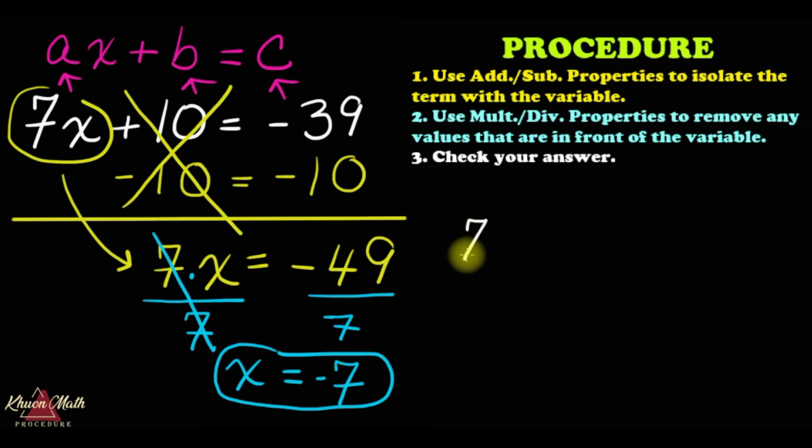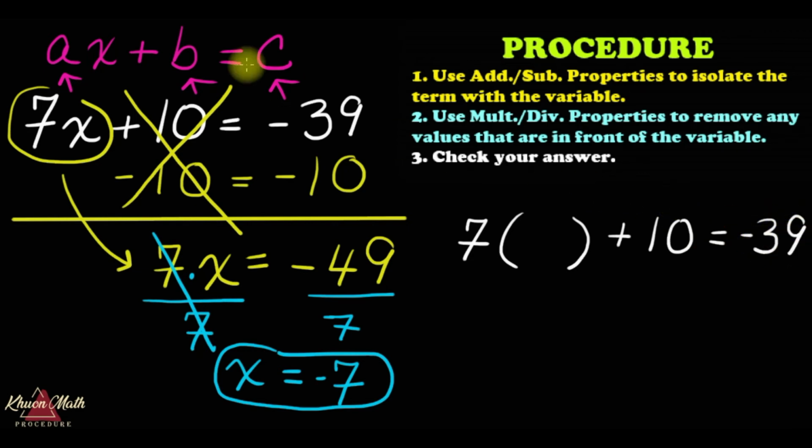So 7x, so 7 times what number, plus 10 is negative 39. And we know that x is negative 7. So we put negative 7 in here. So now you have 7 times negative 7.